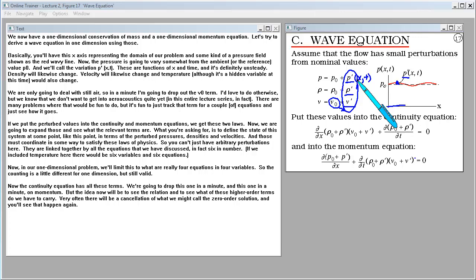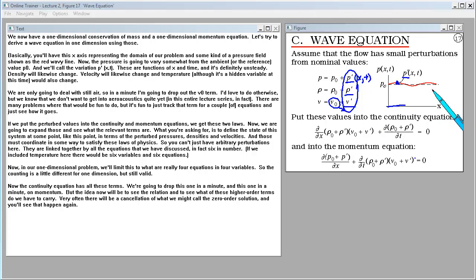In fact, 6 in number. If we included temperature here, there would be the 6 field variables and the 6 equations. Now, in our one-dimensional problem, we'll limit this to what are really 4 equations in 4 variables. So the counting is a little different for one dimension, but still valid.